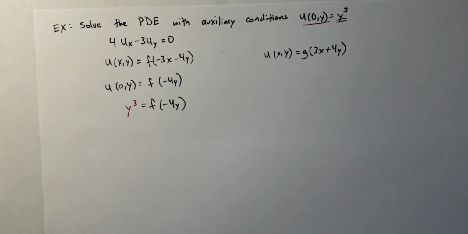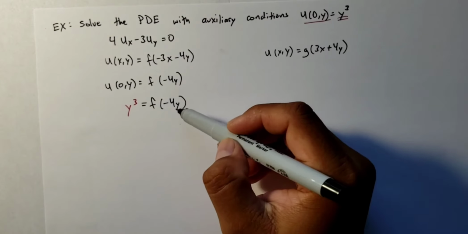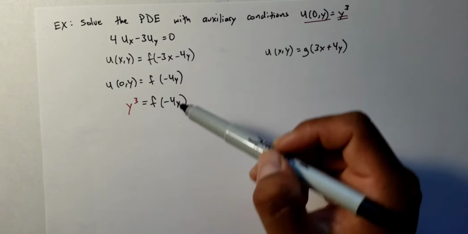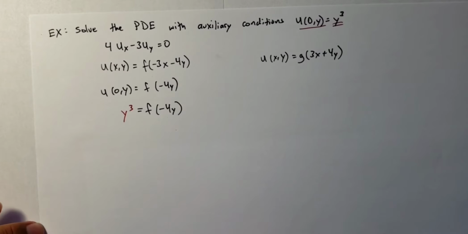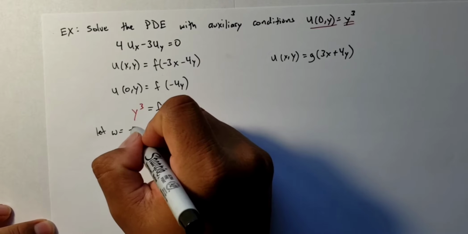We want to write our function in terms of one variable so we can make a substitution later. In other words, you find a dummy variable to take the place of y and get this in terms of another variable. So pick a dummy variable, let w equal negative 4y.